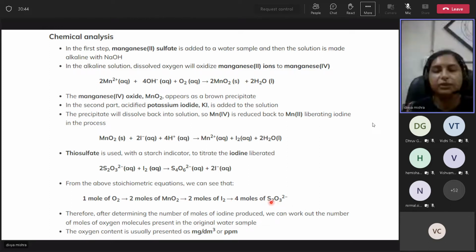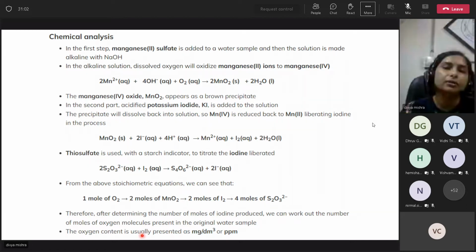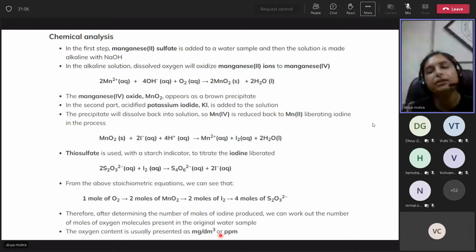Thereafter, by determining the number of moles of iodine produced, we can work out the number of moles of oxygen molecules present in the system, because they are related to each other through this titer. And here we will report the oxygen content in milligrams per decimeter cube, or in simple terms, parts per million.